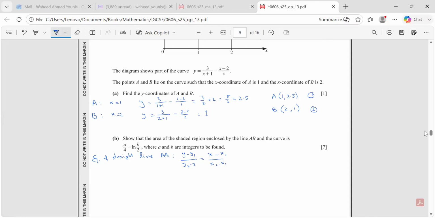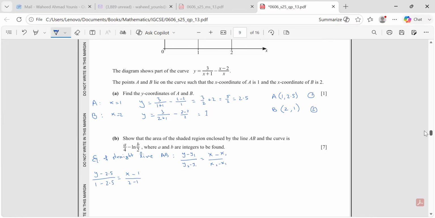Okay, so if I apply the equation, y minus y1, which is 2.5, and y2 is 1, right? Minus 2.5 equals x minus x1. Now x1 is 1, over x2 minus x1. x2 is 2 minus 1.